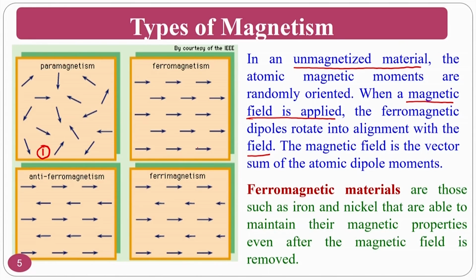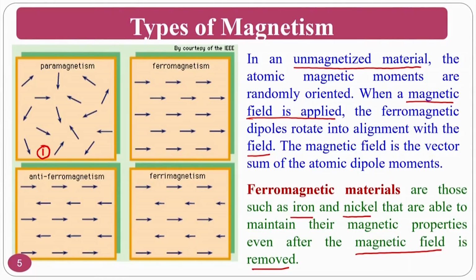Ferromagnetic materials, such as iron and nickel, are able to maintain their magnetic properties even after the magnetic field is removed. Even if you are not applying any magnetic field, a ferromagnetic material will have its own alignment of dipoles. In normal materials, the dipole moments are randomly oriented.